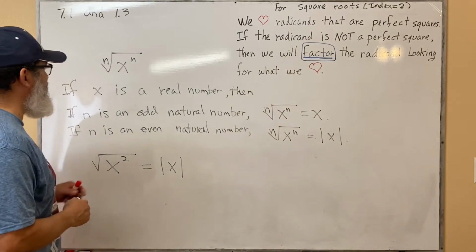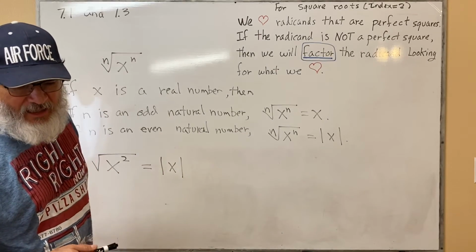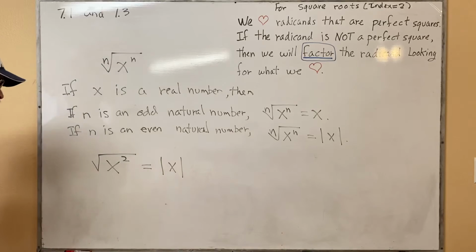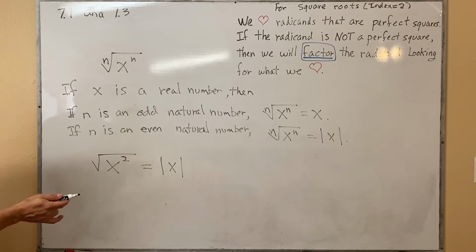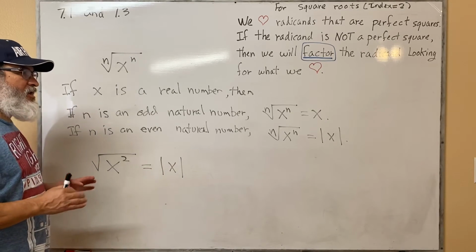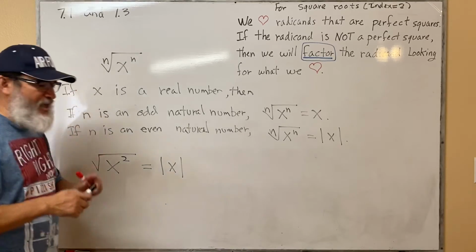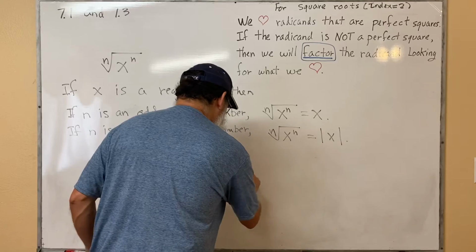Oh, and they also say if x is any real number and n is greater than 1, that's fine. So that means that whenever we say x is any real number, for example, we have the following example.